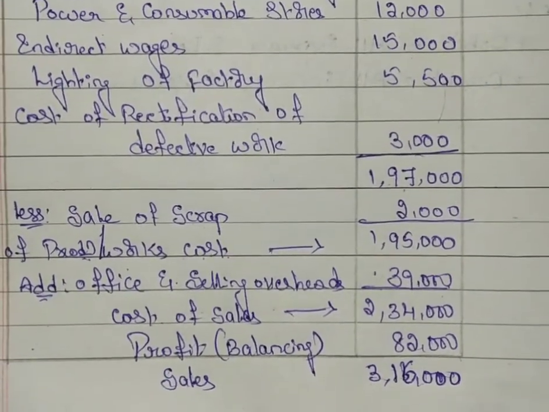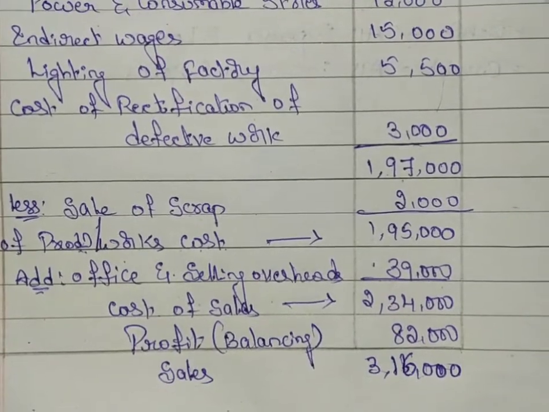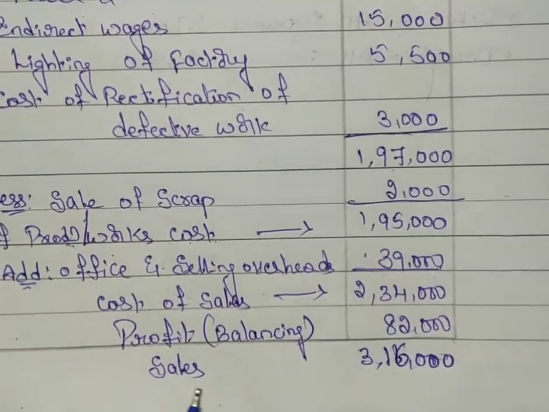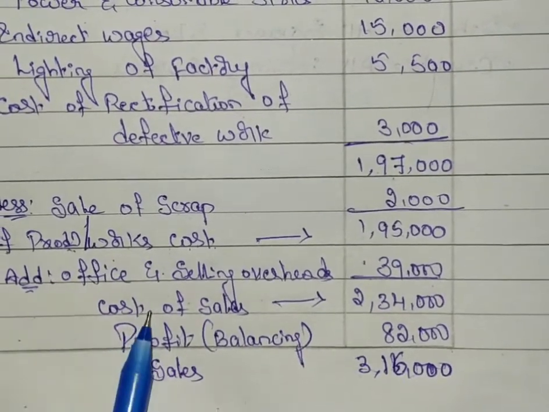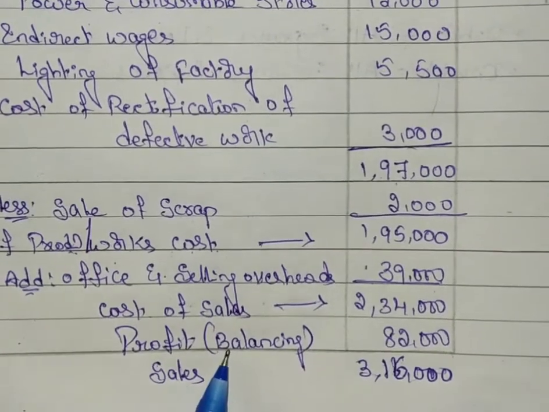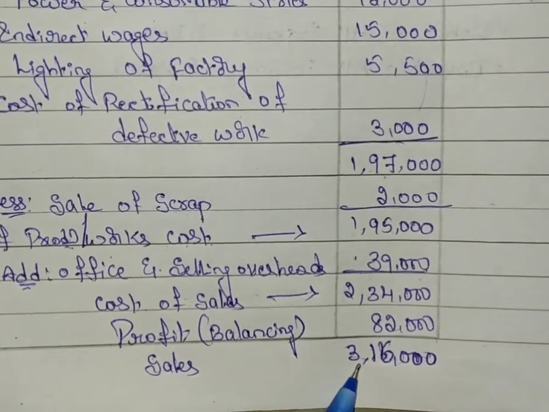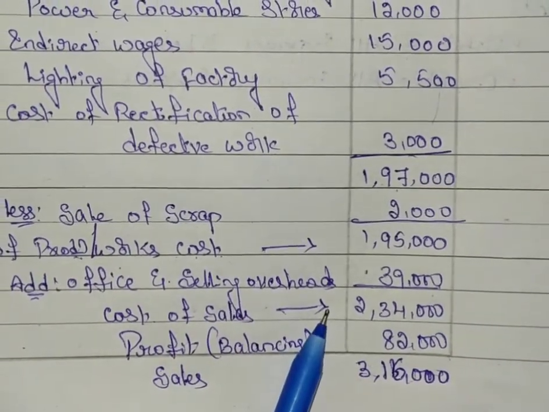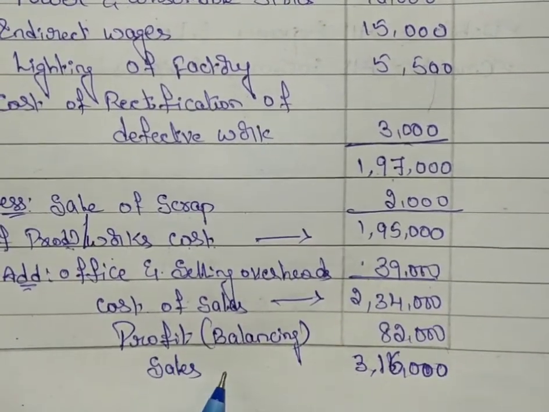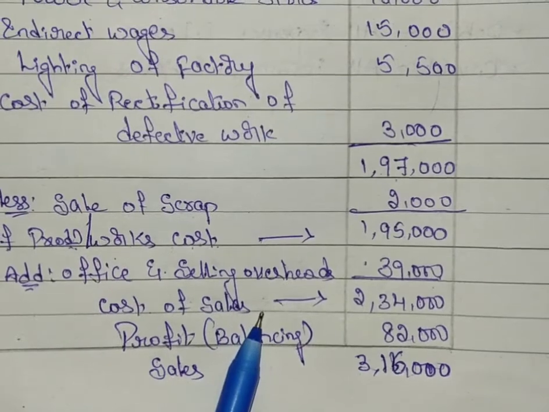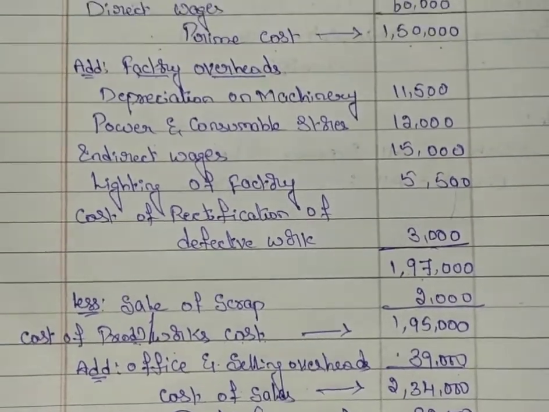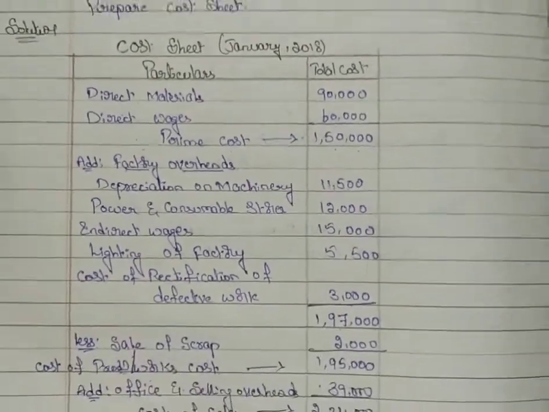But in this problem they have not given any information related to profit or loss, but they have given the total sales amount. So now the difference between the cost of sales and sales amount will be considered as the profit. How can we say it is a profit? Because sales amount is more than the cost of sales amount. If sales amount is less and cost of sales amount is more, then it should be considered as a loss. So this is the procedure of how we prepare the cost sheet.